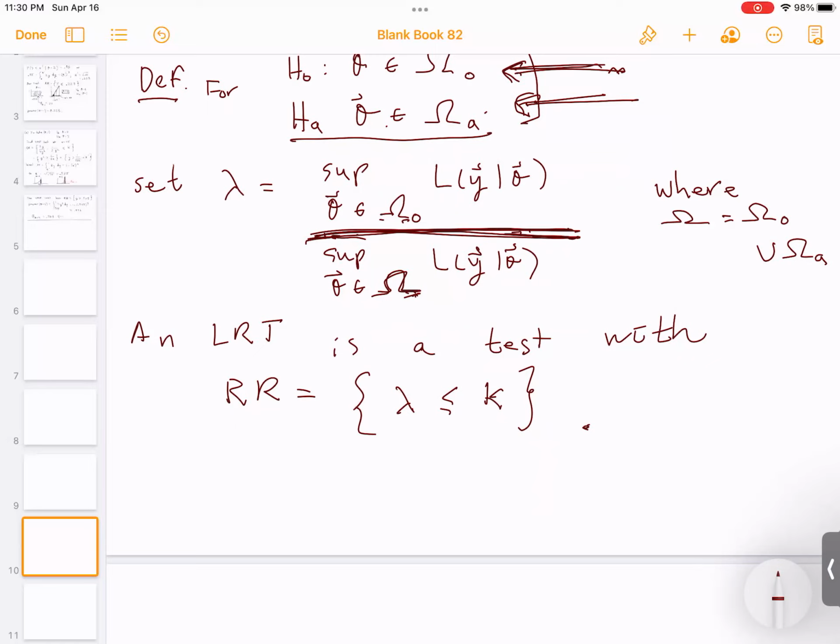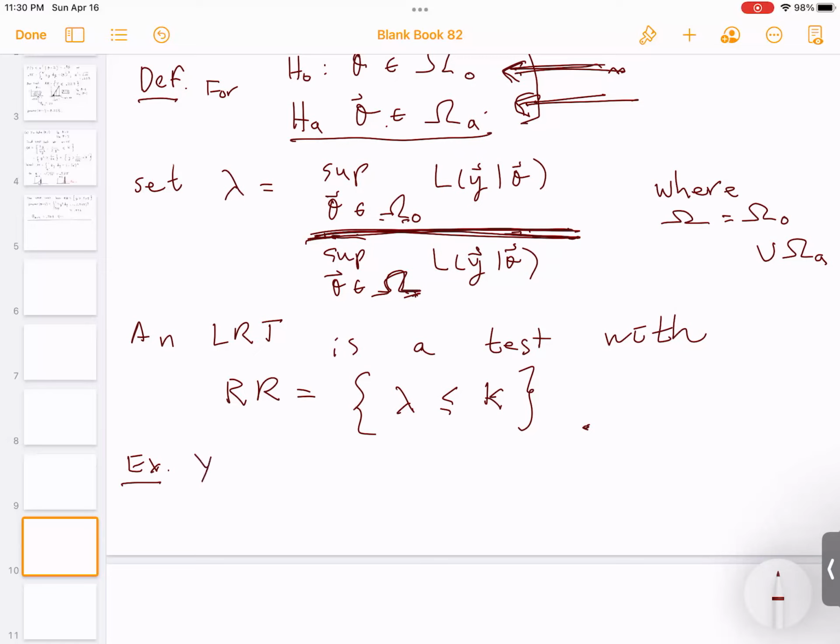Okay, so to see how this works in action, we're just going to do a single example, I think, a little long, but it should work out. Example one we didn't do previously.